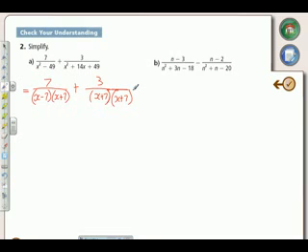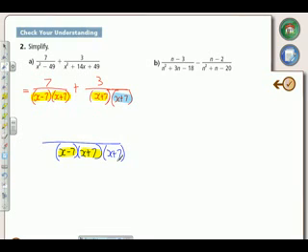And now I need to look at what I've got. In the first denominator, I've got an x minus 7 and an x plus 7. I at least need that. Now let's go to the second denominator. I already have one of the x plus 7s, but I need another one. So then I've got to put another x plus 7 happening there.